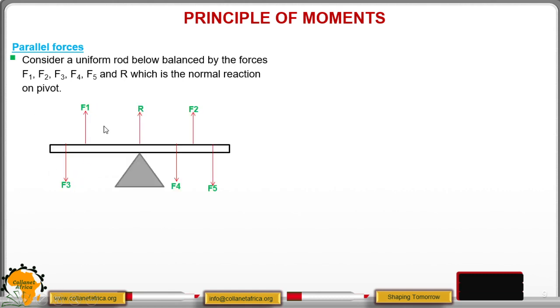So these are the forces we are having here. They try to keep this load in equilibrium at this point.